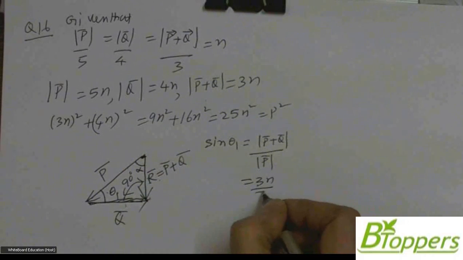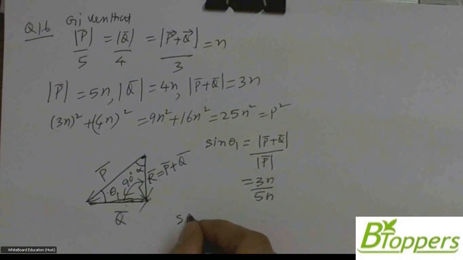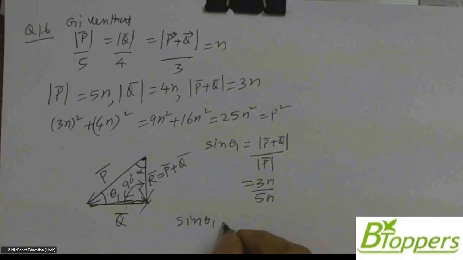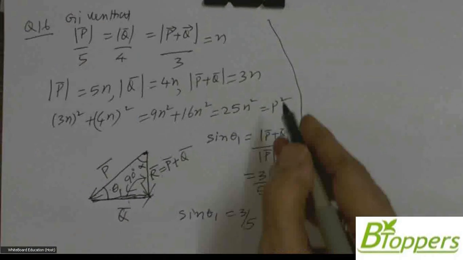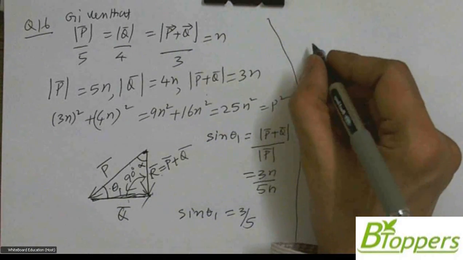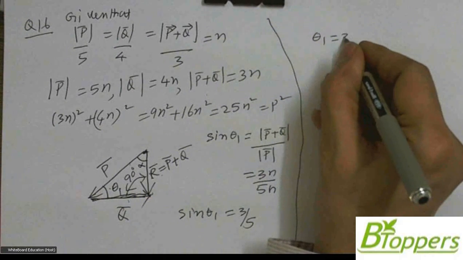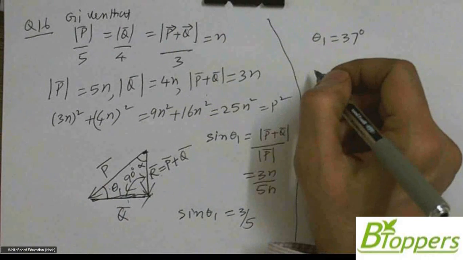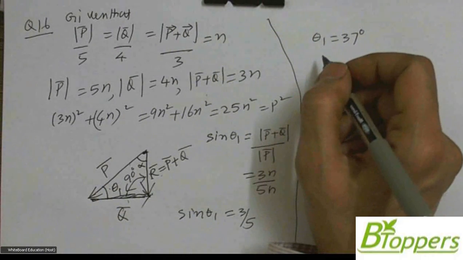So that is 3n by 5n. That means sin theta 1 equals 3 by 5. It is given that sin 37 degrees is equal to 3 by 5. So theta 1 is equal to 37 degrees. But theta 1 should not be taken as the angle between p bar and q bar.